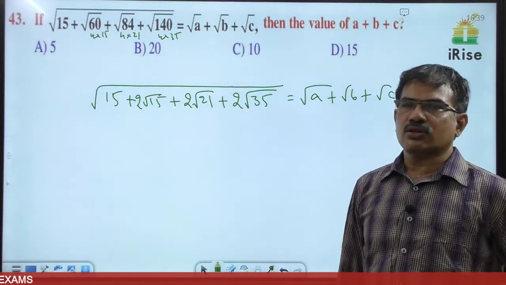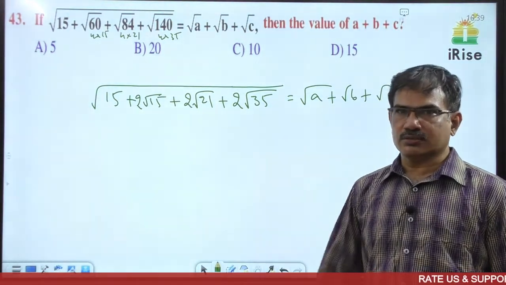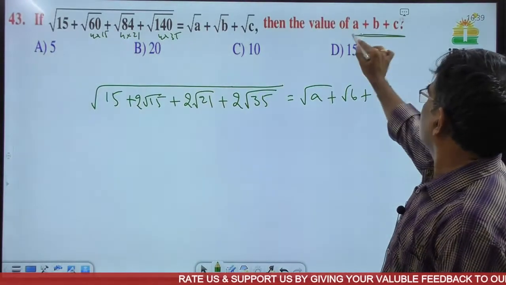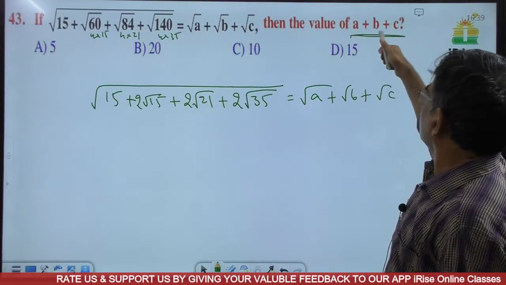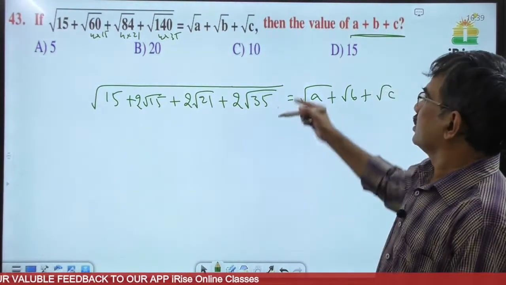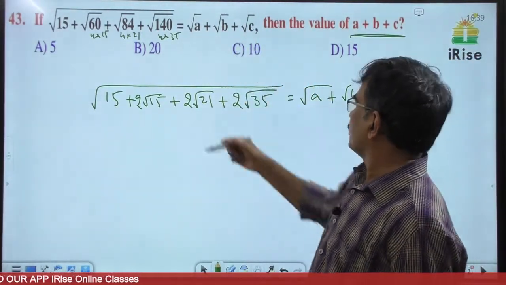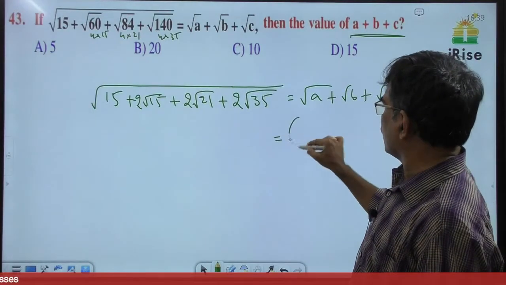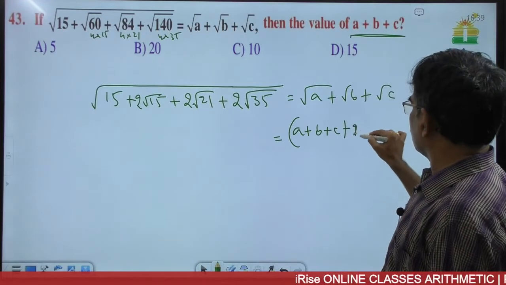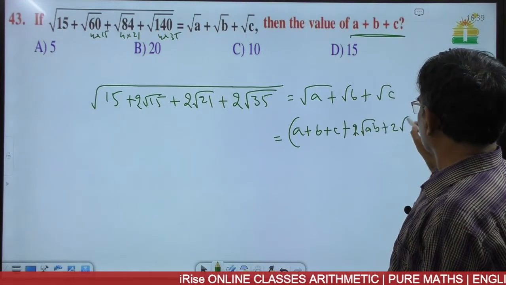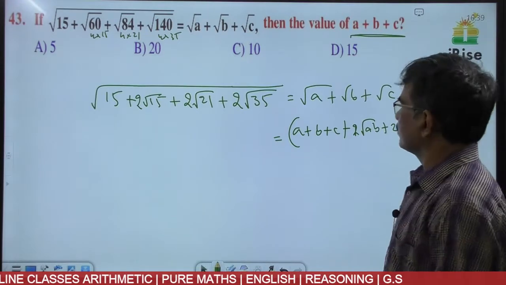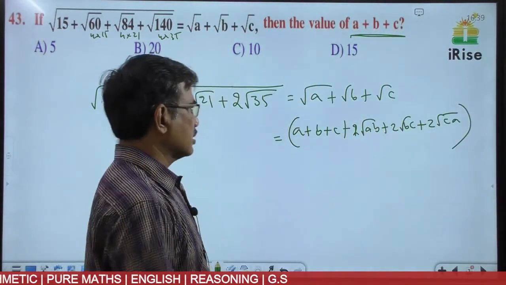Here it is not necessary to find the roots of this equation to find a, b, c. What do they want first? They want a plus b plus c. If they want a plus b plus c, squaring this, we get directly a plus b plus c plus 2 root ab plus 2 root bc plus 2 root ca after squaring on both sides.